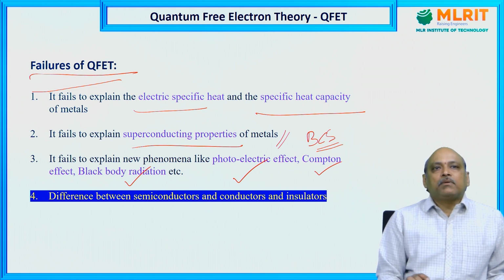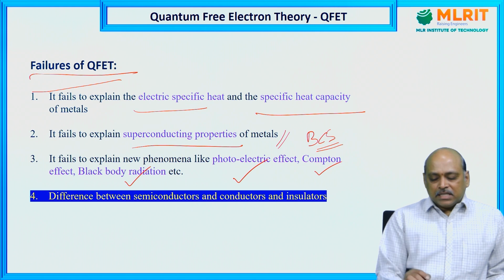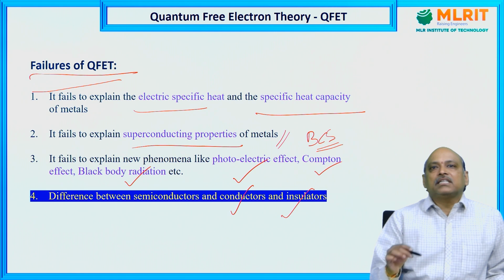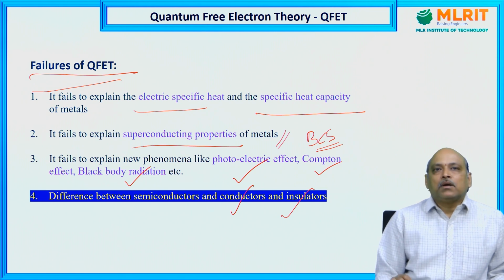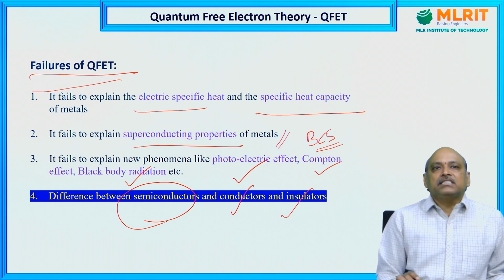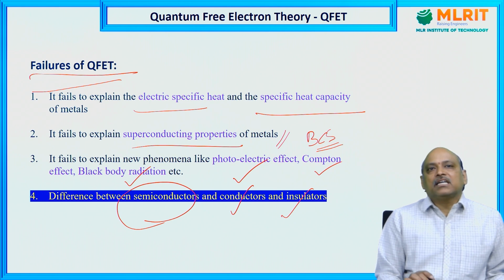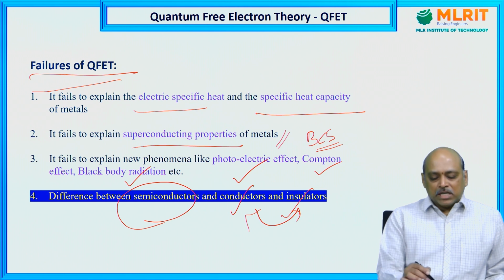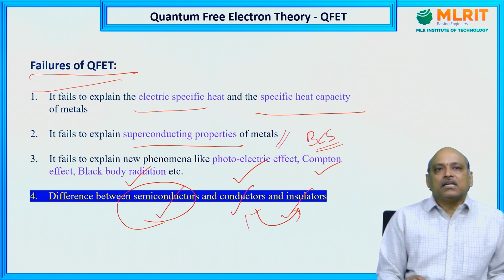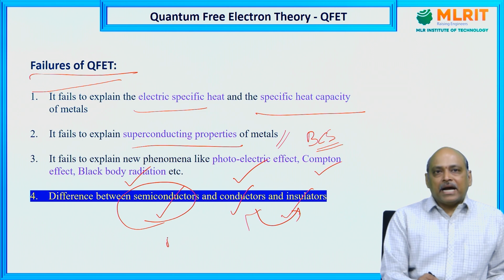But a very important thing is that this theory successfully explains the electrical conductivity of conductors, and also why in insulators electrical conductivity is 0. But by using this theory we cannot explain why in semiconductors electrical conductivity is between that of conductors and insulators. To explain the electrical conductivity of semiconductors, nowadays we use a theory called band theory.